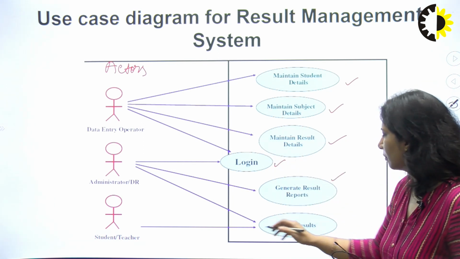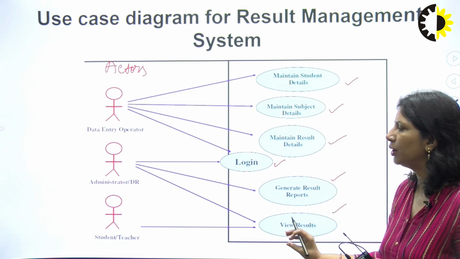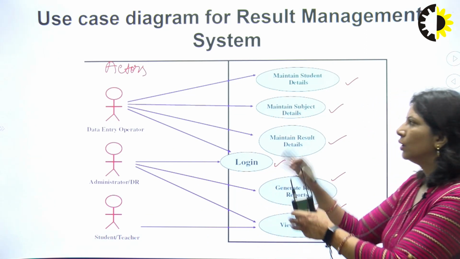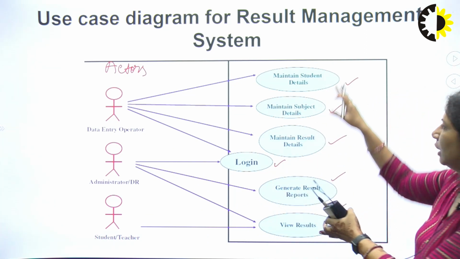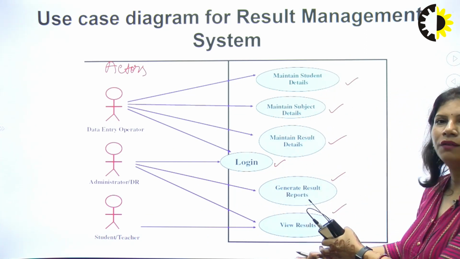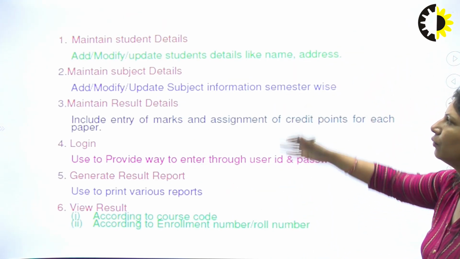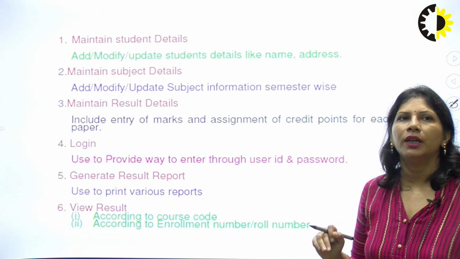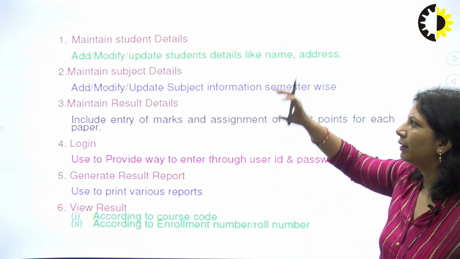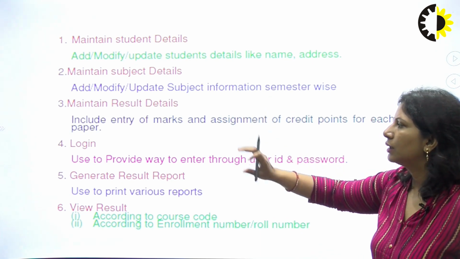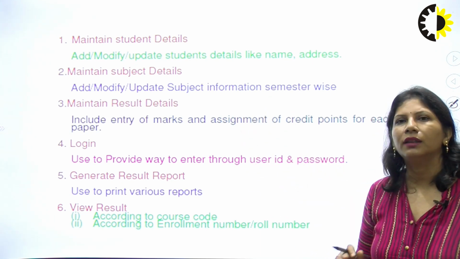Generating the reports and viewing the result will be used by two agents, like student, teacher or the administrator. So this is how we can design this. All these things are giving you the functional view of a system. We have the detailed design of what we are doing in maintain student detail, maintain subject detail, result, login, generate report and view result.